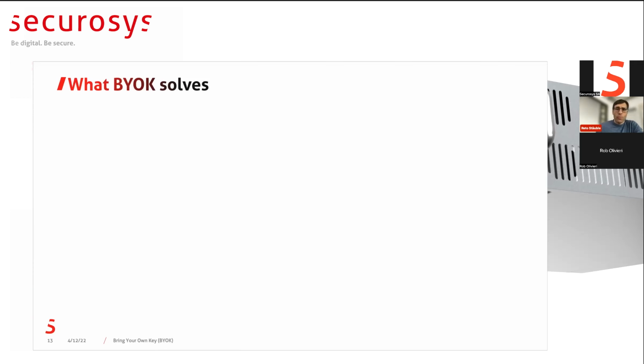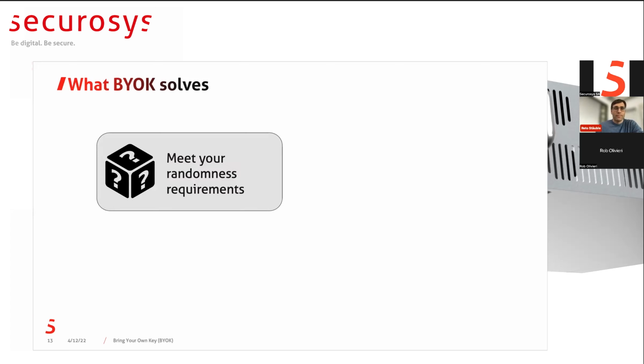In general terms, there are four things we can achieve by using bring your own key. First, your industry might require you to be able to deliver encryption keys with a particular level of randomness, or let's say entropy.